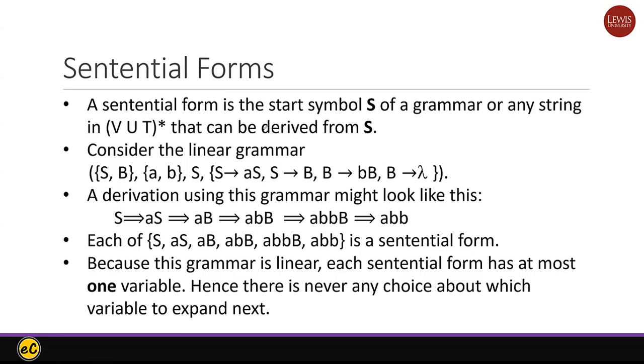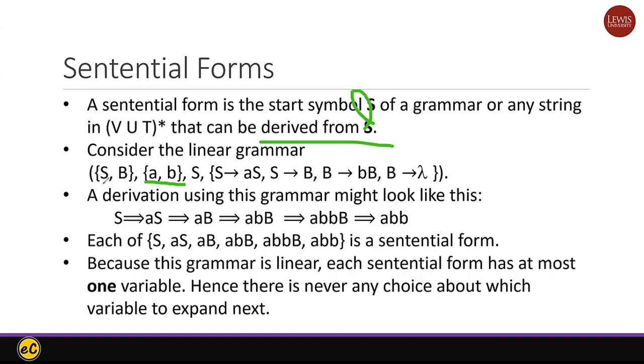Sentential form is the starting symbol S of a grammar or any string that can be derived from S. So for example, you have S producing AS, S producing B, B producing b, B producing BB, where B is a state, and B can produce an empty string. S is the starting symbol, B are intermediate states, and a and b are basic symbols.